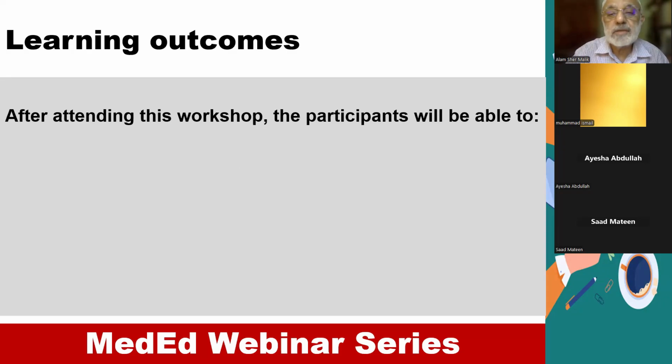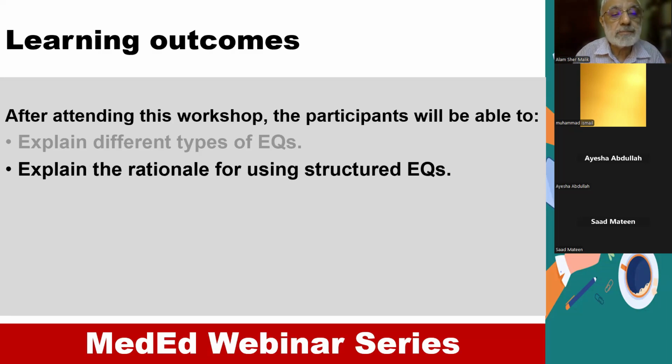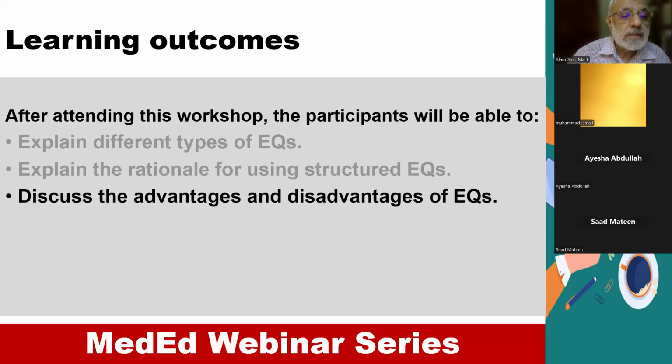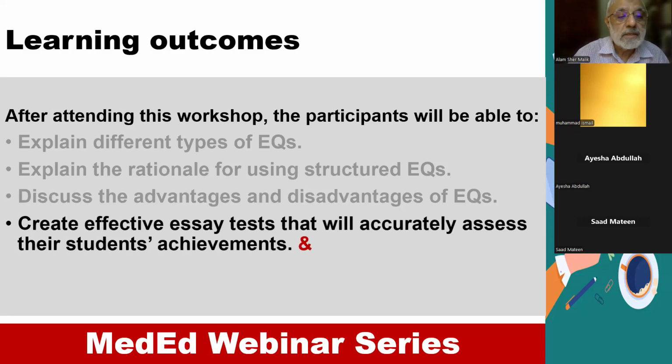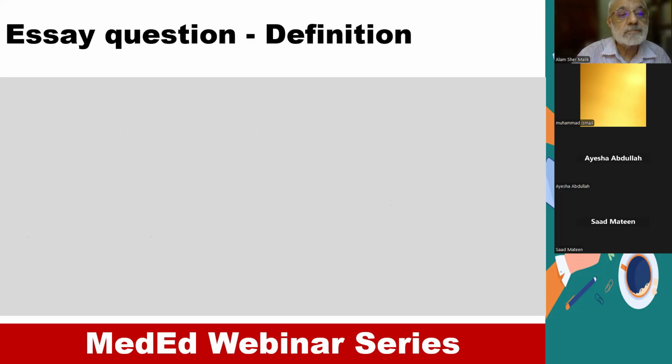So participants will be able to explain different types of essay questions, explain the rationale for using structured essay questions, discuss the advantages and disadvantages of essay type questions, create effective essay tests that will accurately assess their students' achievements, and mark the essay questions more objectively. So these are the 5 objectives or 5 learning outcomes which we will, inshallah, try to achieve during this session.